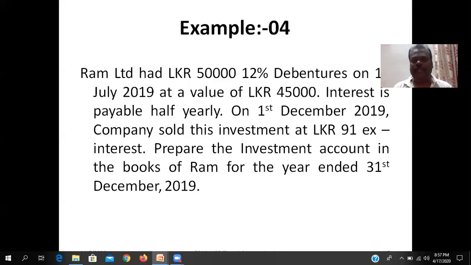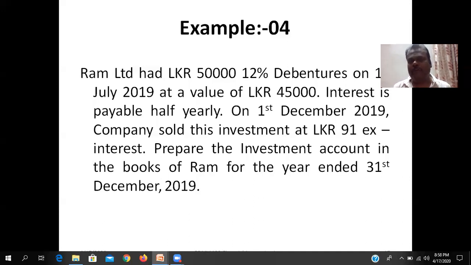RAM Limited had 50,000, 12% debentures on 1st July 2019 at a value of 45,000 rupees. Interest is payable half yearly. On 1st December 2019, the company sold this investment at 91 ex-interest. So you are required to prepare the investment account in the books of RAM Limited for the year ended 31st December 2019.